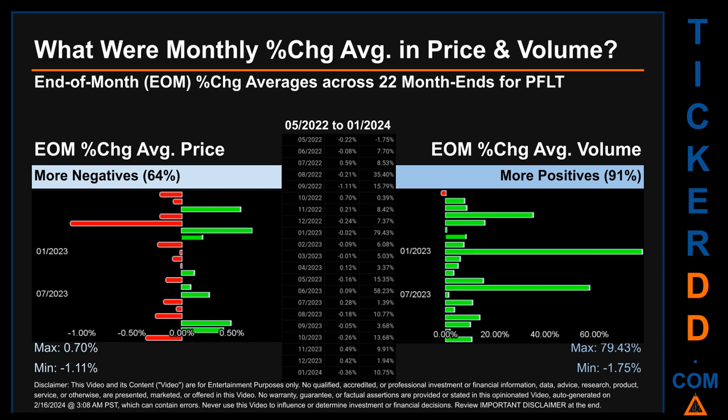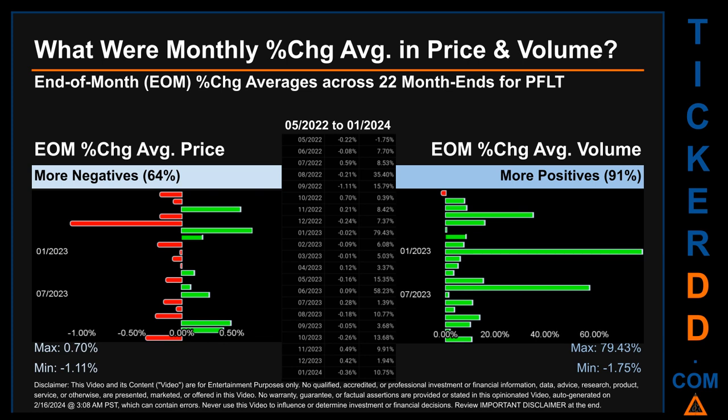From 05/2022 to 01/2024, out of 22-month ends, 14 had a negative percentage change in average price. Meaning 64% of month ends saw a negative percentage change in average price. In terms of volume, 20 out of 22 month ends had a positive percentage change.